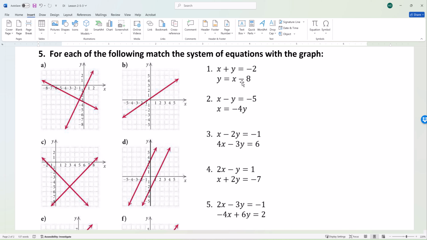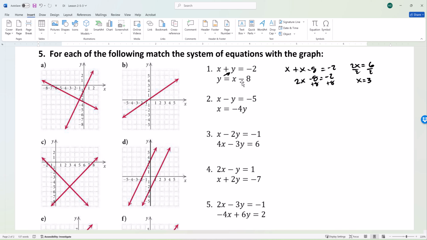So for example, on this one, if I were to plug it in here, I could do substitution. So I get x plus x minus 8 equals negative 2. That's 2x minus 8 equals negative 2. If I add 8, I get 2x equals 6. So I get x equals 3.